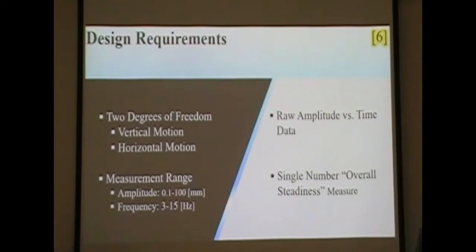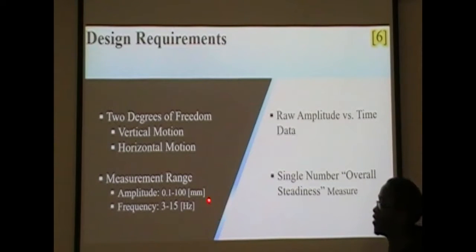A few design requirements we had for our system was for the measurement device to at least be able to measure 2 degrees of freedom, vertical motion and horizontal motion. Some key data aspects we had to take into consideration is that we want to be able to measure at least 0.1 millimeters of movement to 100 millimeters of movement.